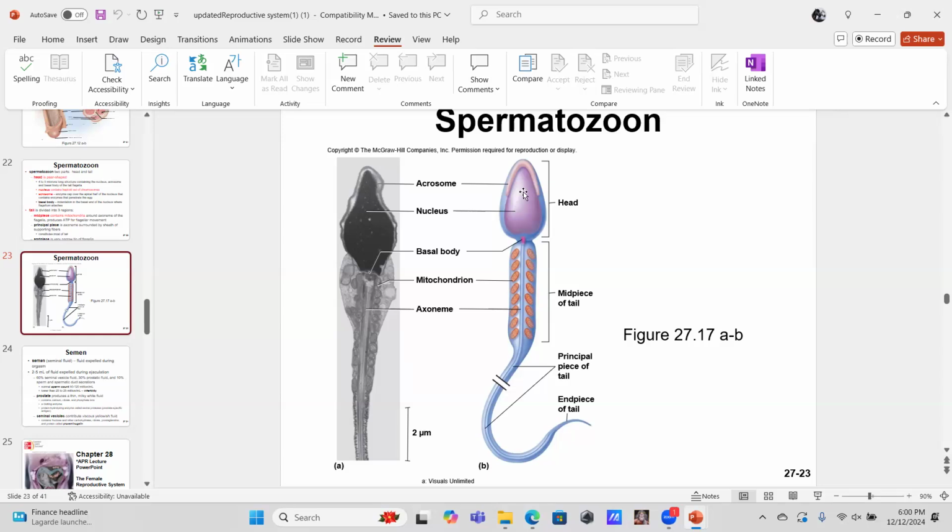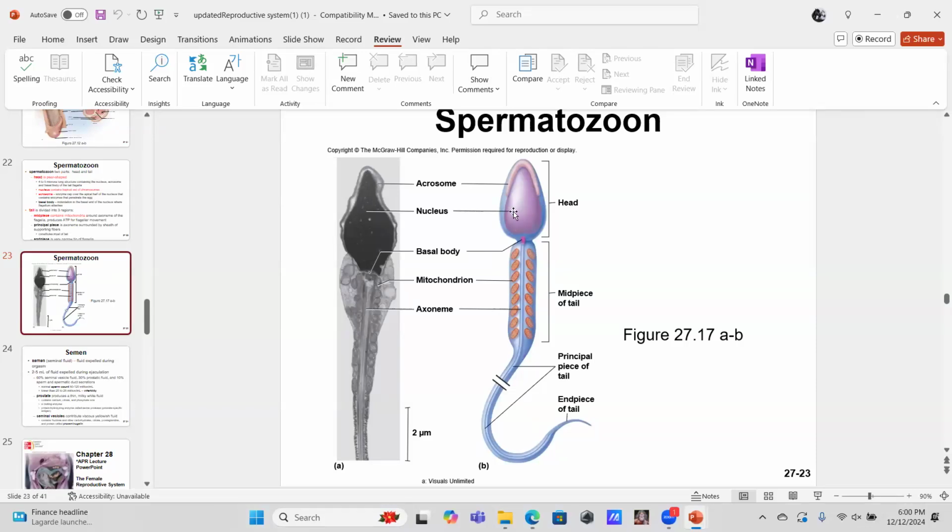Either way, we have 23 chromosomes from this sperm cell that are going to meet and fuse with 23 chromosomes from the egg. Now we have the two sets of 23 chromosomes that make us who we are: one set from dad, one set from mom's egg.